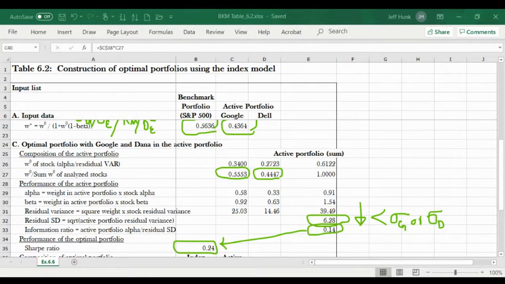But without Dell, only 43.64 in Google, and the rest in the passive portfolio. Now, Google's weight actually increased. This is the result of diversification within the active position that allows a larger tilt toward Google's large alpha. So, in other words, to take advantage of Google's large alpha, that is totally justified.